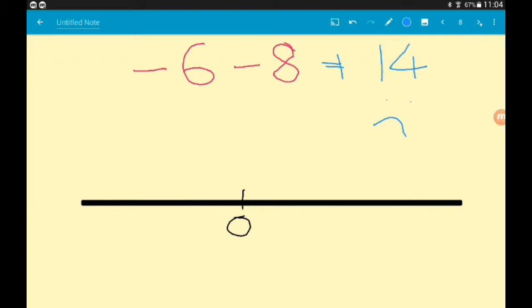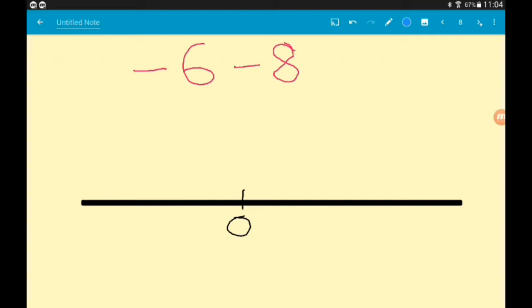But that is not right. Minus 6 minus 8 is not positive 14. So let's get rid of that straight away. So this is not a double negative. I'll explain to you what a double negative is in a moment.